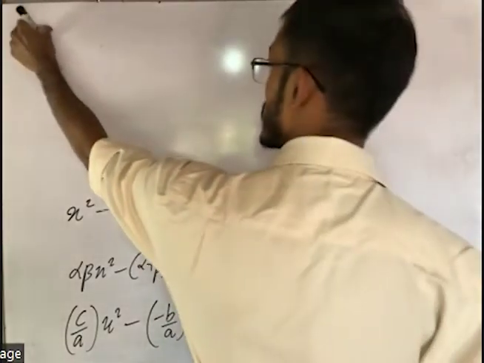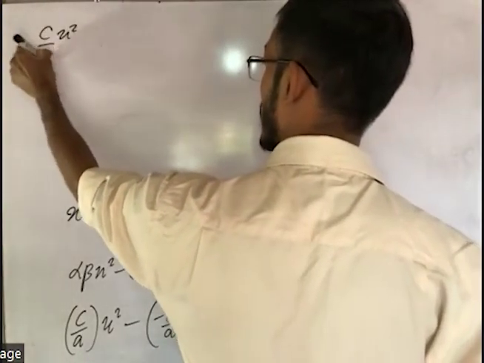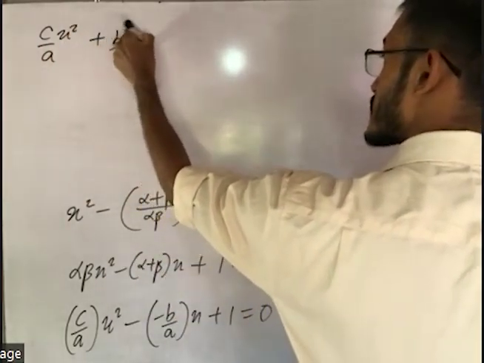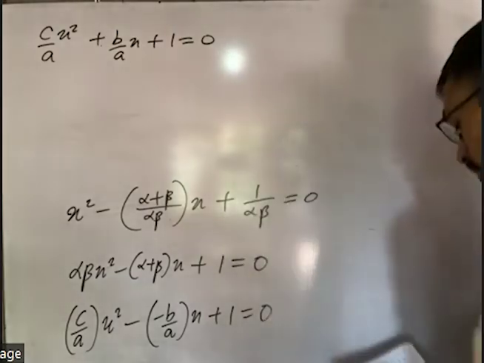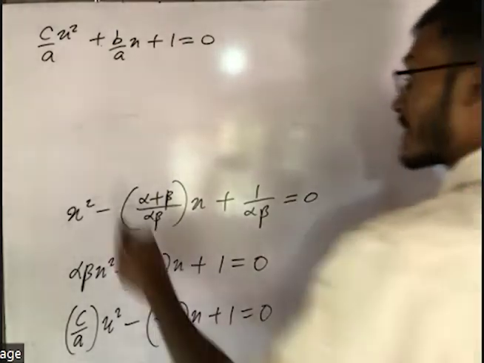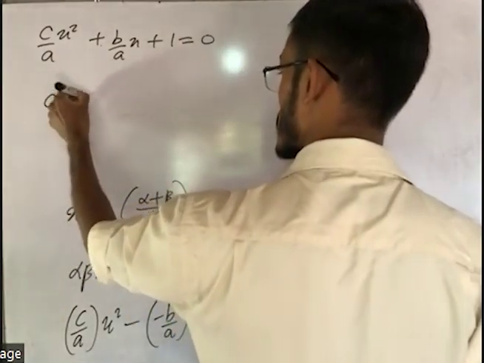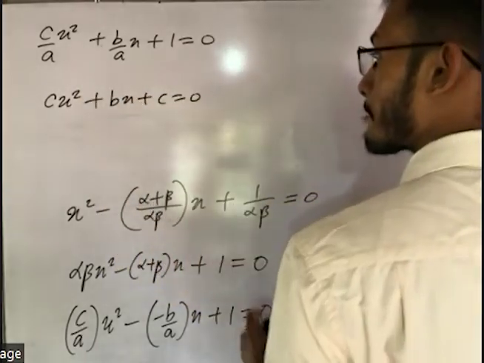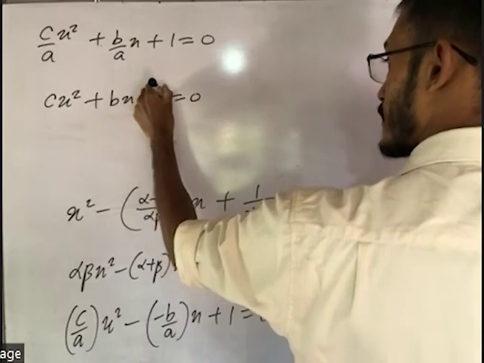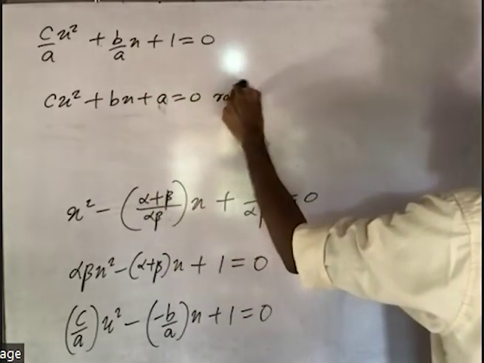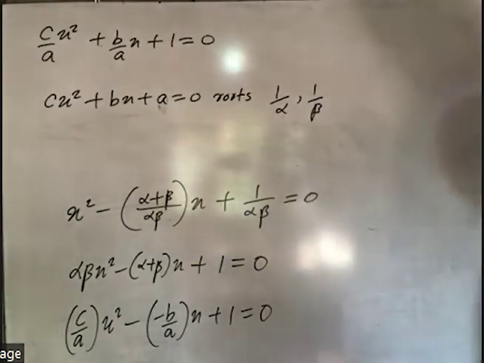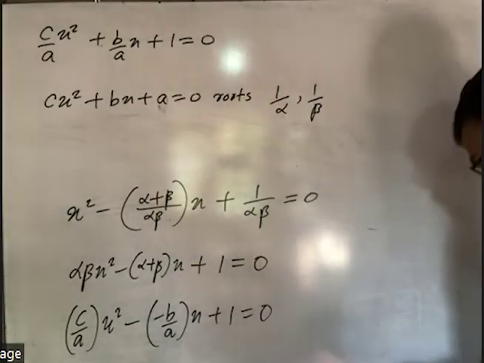So we can write c x square over a plus b over a x plus 1 equal to 0. Now multiply both sides by a. Then the final answer is c x square plus b x plus a equal to 0. Here the roots are 1 over alpha, 1 over beta. That is the answer.